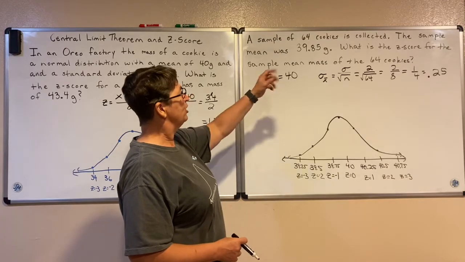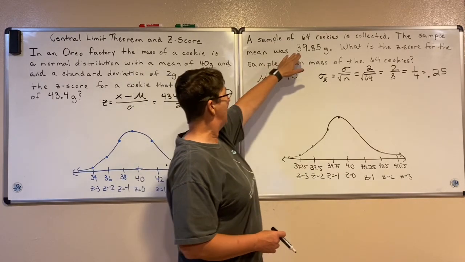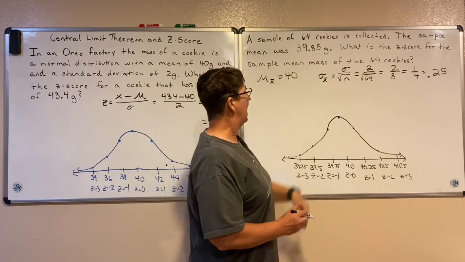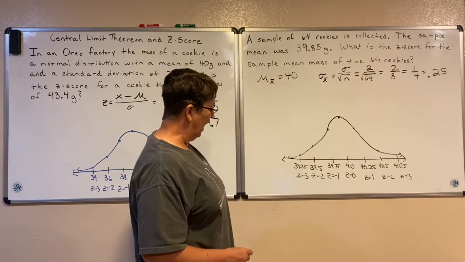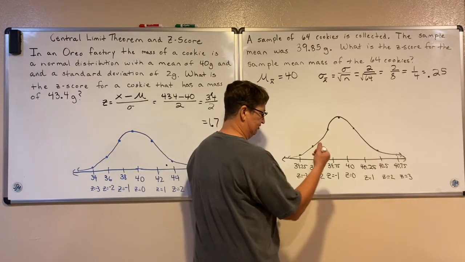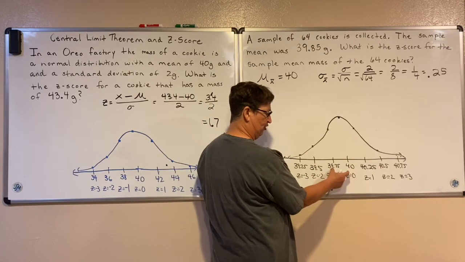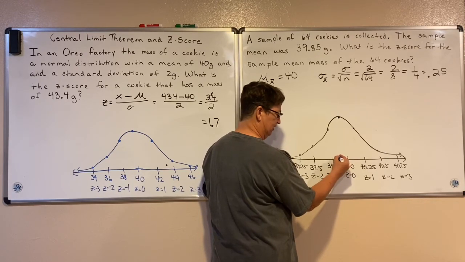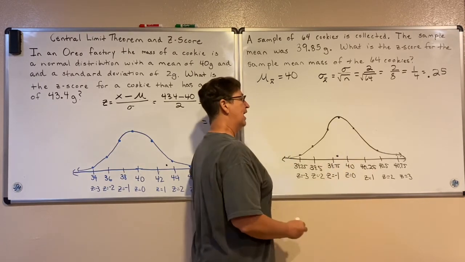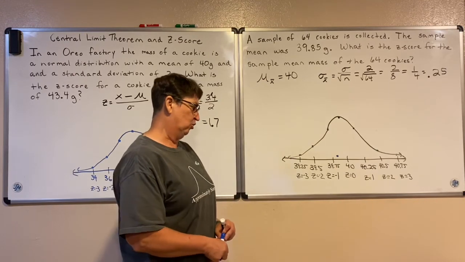So I want to know what's the z-score for this mass. Well, 39.85, that data value would be somewhere between 39.75 and 40. Somewhere in here is that data value. And I want to know what is that z-score.